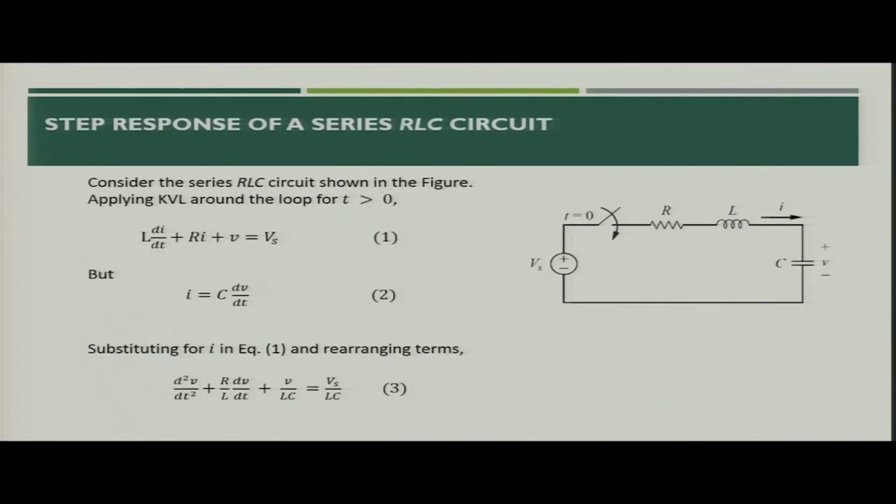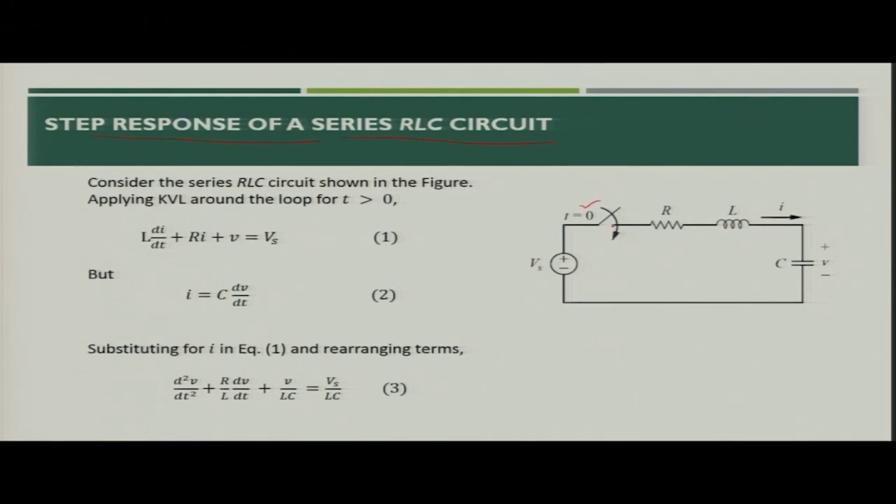Now, let us talk about the case when we apply a step input to a series RLC circuit. Earlier we discussed the source free response of the series RLC circuit. Now, what we are doing here is connecting the source with a switch which is closed at time t equal to 0.